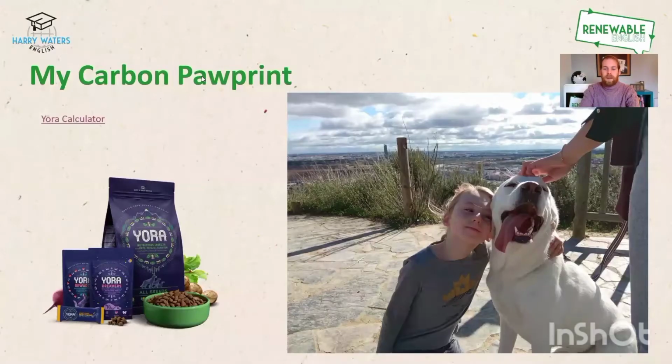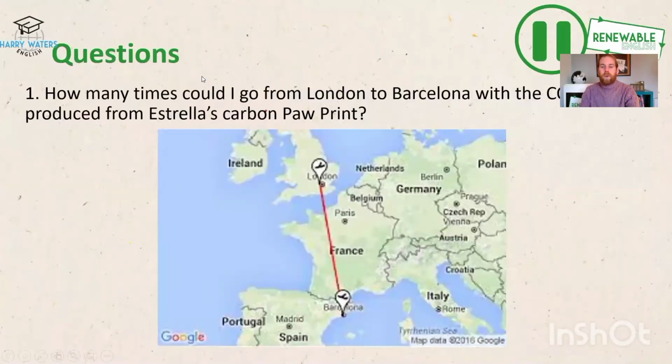Let's see what we learnt from that carbon paw printing. It's time for some questions. Question number 1. How many times could I go from London to Barcelona with the CO2 produced from Estrella's carbon paw print?